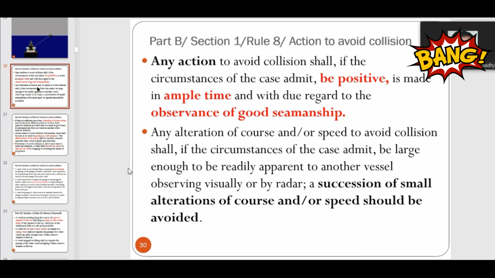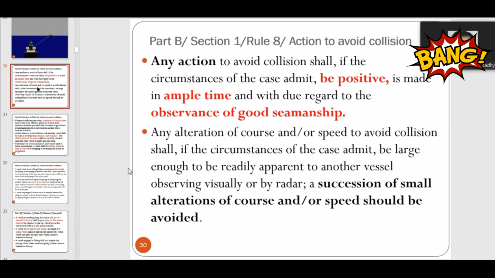Be positive means that after taking the action, when you check the effectiveness of the action, that is, why you have taken action to avoid collision, the risk of collision is no more there. So that action is a positive one.